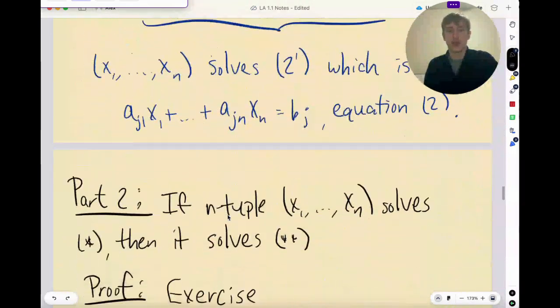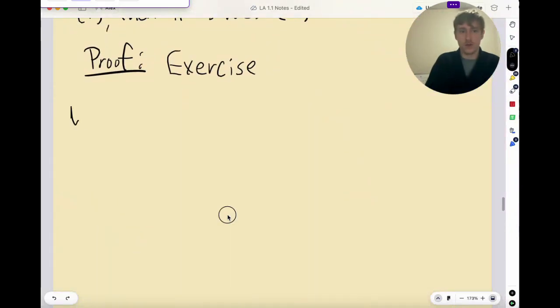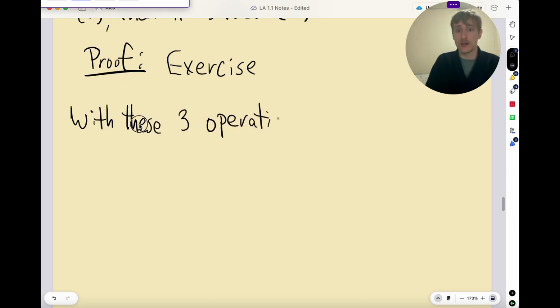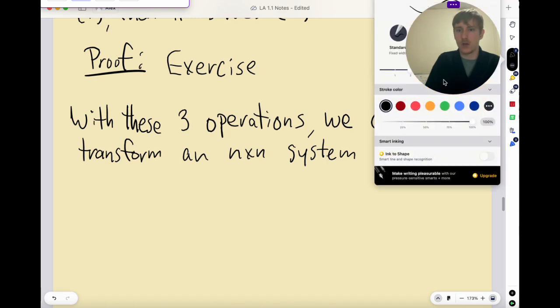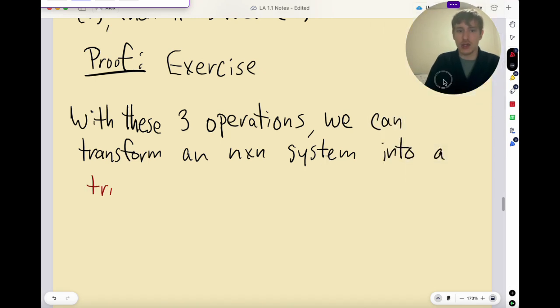Okay, so what I'll say to end off this video is, with these 3 operations, and you're going to want to remember them, we can essentially transform an n by n system into something that we're going to call a triangular form.